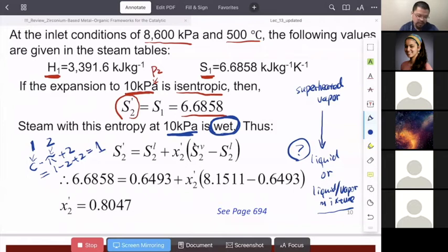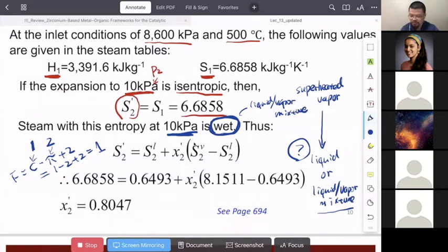That is the degree of freedom, the Gibbs phase rule, which says if this is a wet steam, meaning a liquid-vapor mixture, then only one condition shall be enough. Here it is the pressure, 10 kPa.